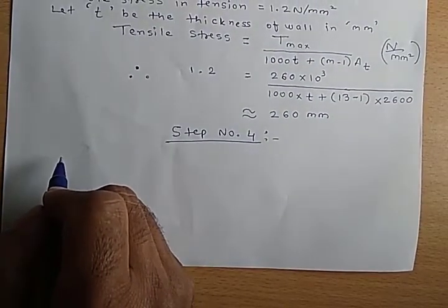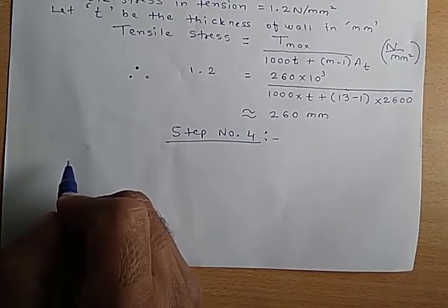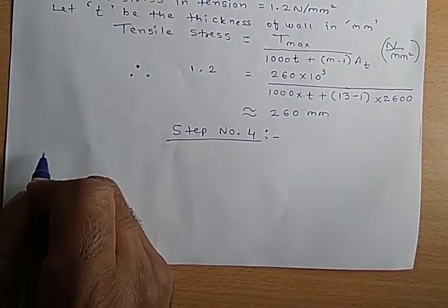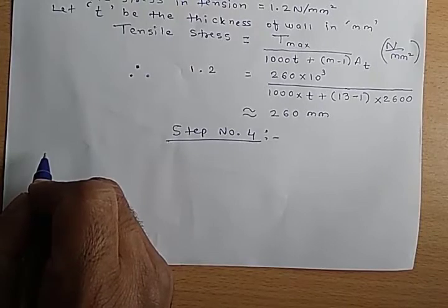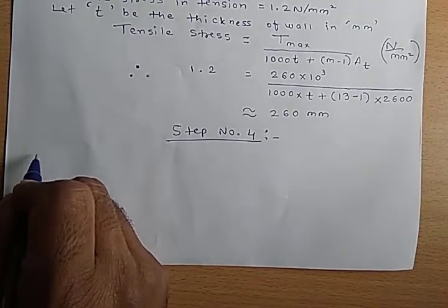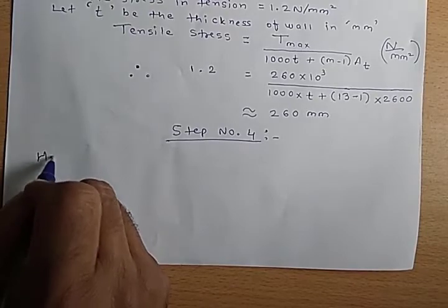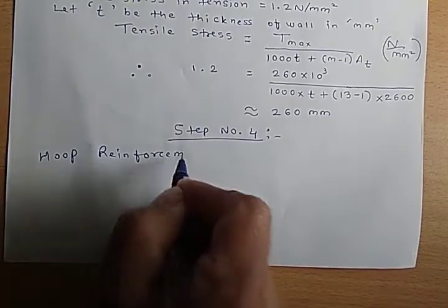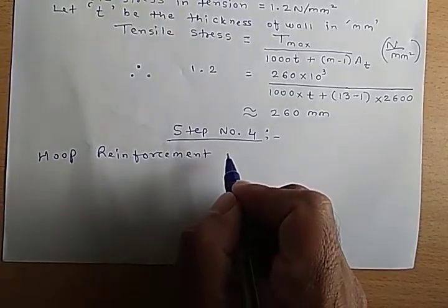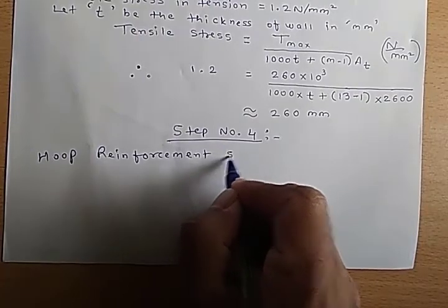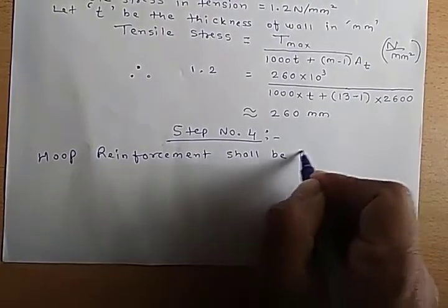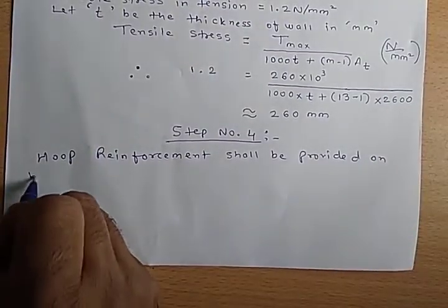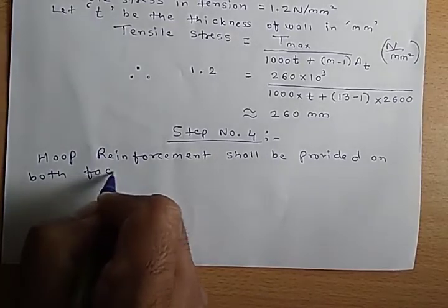So step number 4 is to calculate the vertical reinforcement, the area of the vertical reinforcement. Before that, hoop reinforcement shall be provided on both faces.